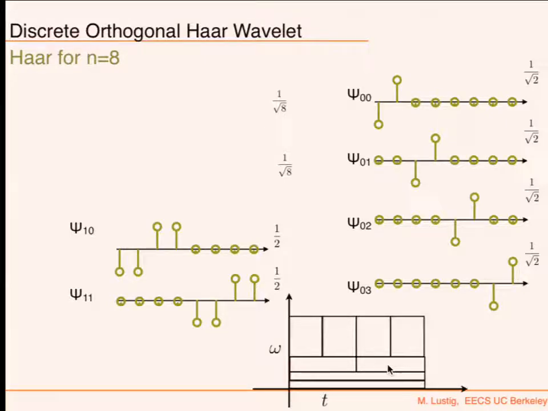Okay? So now I can go for another scale, so psi 2,0. And in that case, when I have a signal of size 8, there's just one coefficient left. Okay? And that coefficient looks like this. So it represents a bandpass centered around the middle of the signal. Voila. There you go.